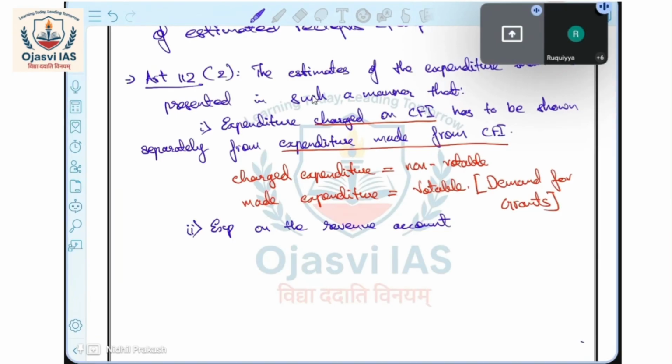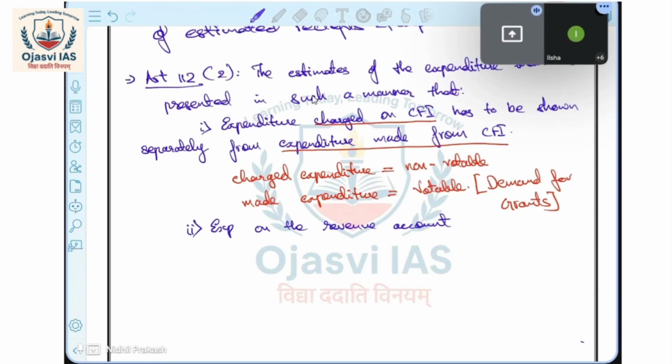So when we reach the budget, maybe he'll teach. Fine. Sir will never forget to teach you. I'm giving 100% that Prashant sir will cover everything. In economics, make sure you've read the term revenue account.